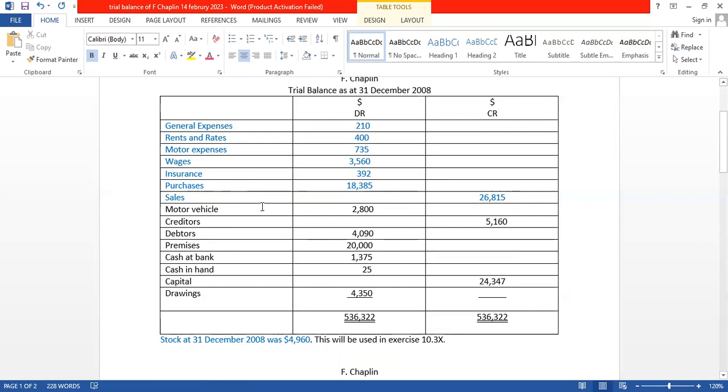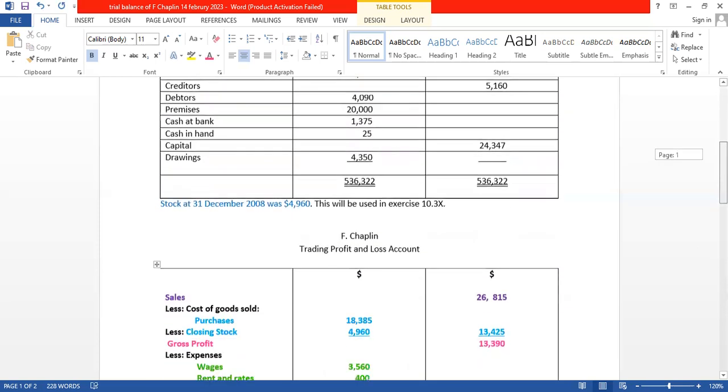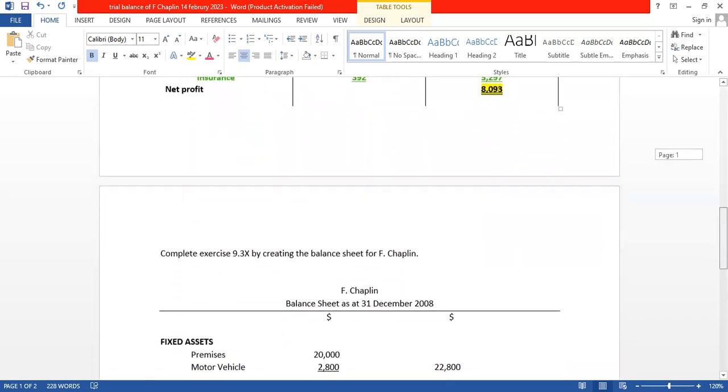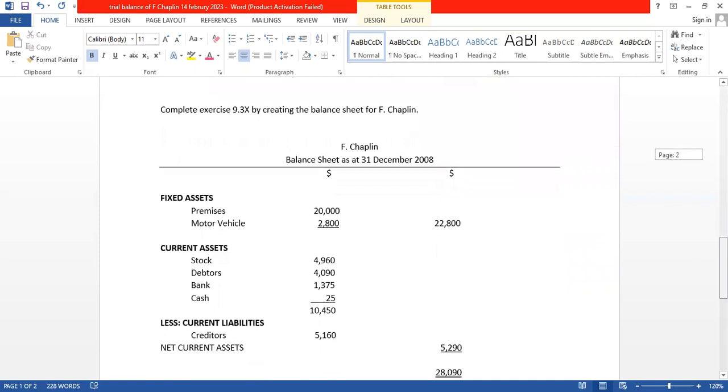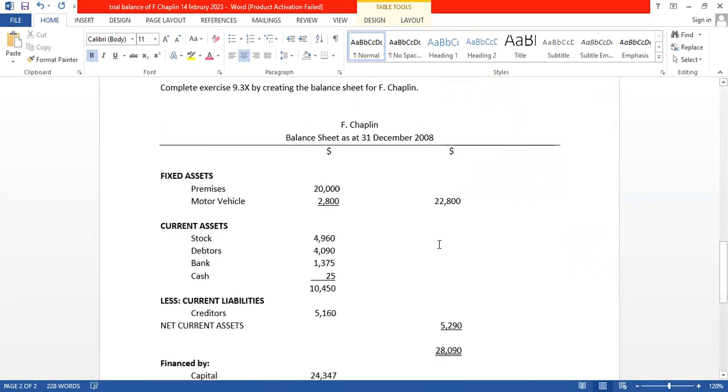Motor vehicle. That's another fixed asset, and it's $2,800. So that's where we got the $2,800 and the premises $20,000 from. I'm scrolling back down to the balance sheet. What you will need to do now to get the total fixed assets, as per usual, is to find the sum of $20,000 plus $2,800.